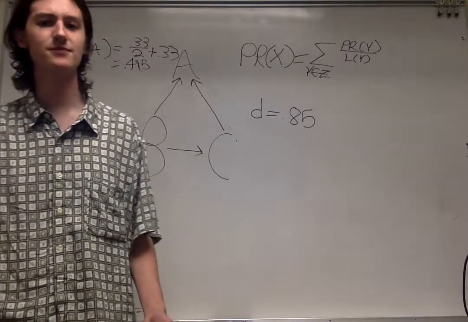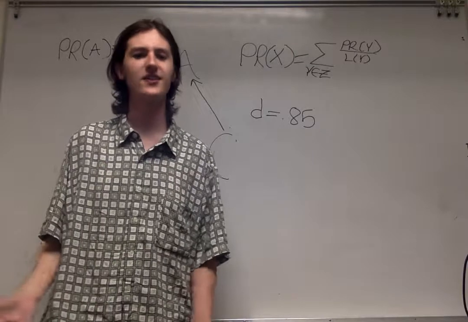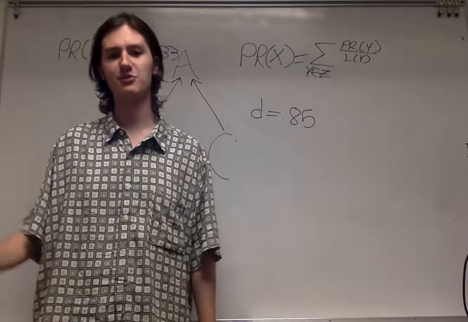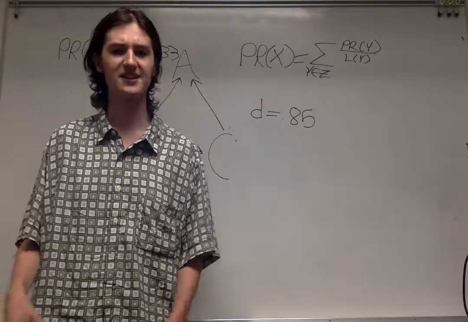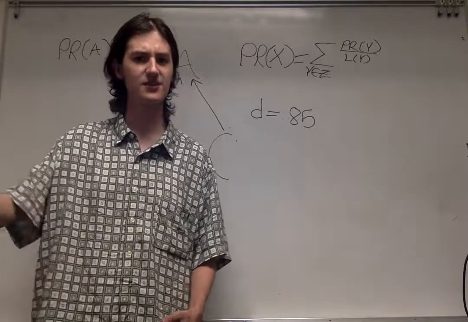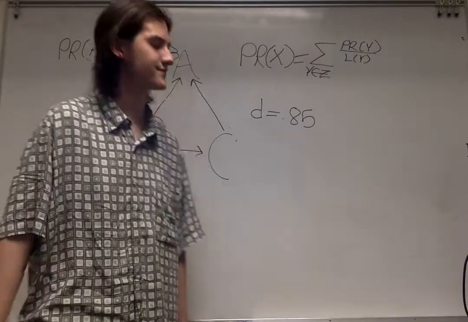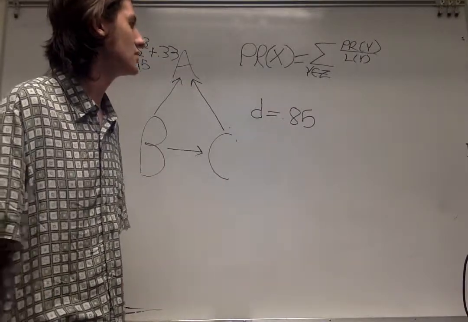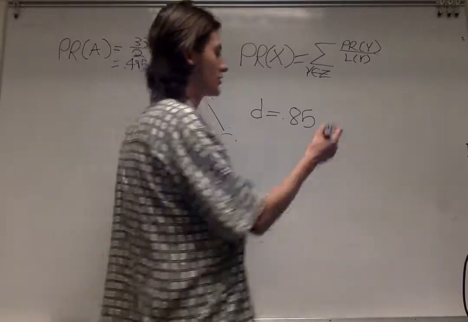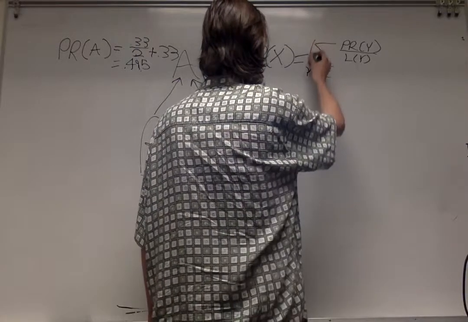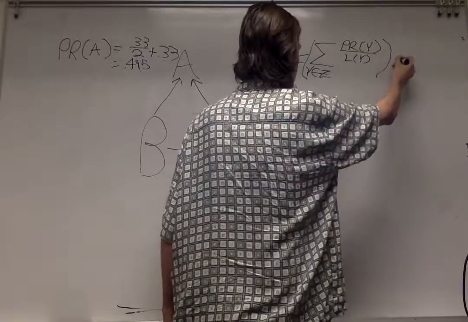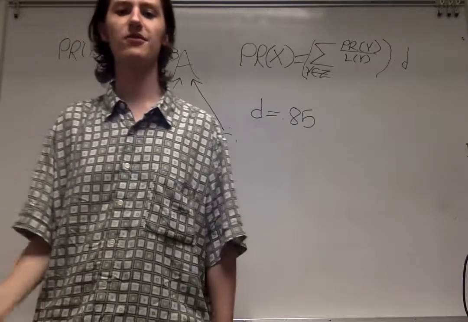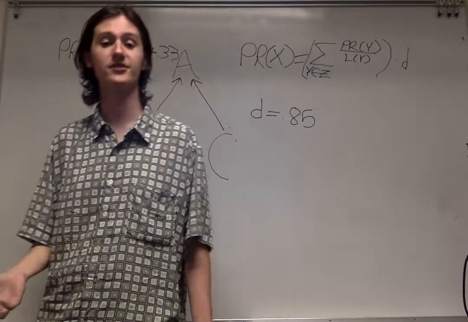So what is the damping factor? The damping factor just suggests that there is an 85% chance that someone will continue clicking. That if someone visits a website, they will click on a link and continue to another website. That they will continue this surfing pattern. How do we add D into our newfound formula? Well, first and foremost, we're going to multiply D onto our sum. However, there's one other thing we do, and it's adding a whole other term.